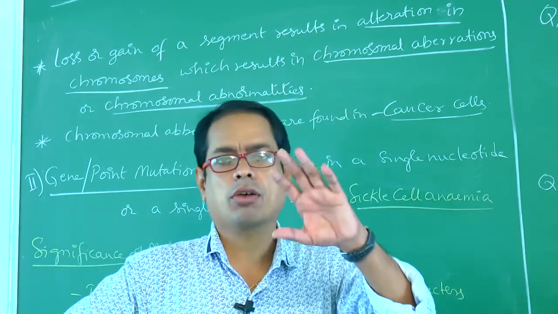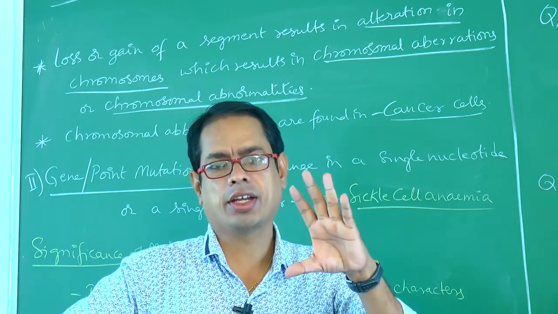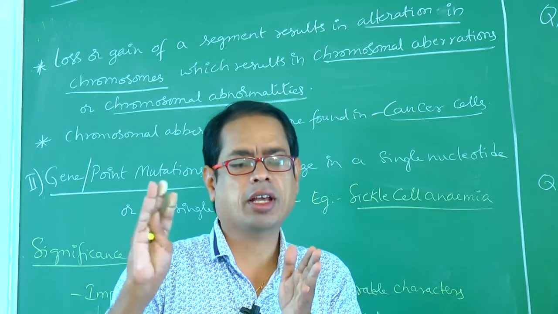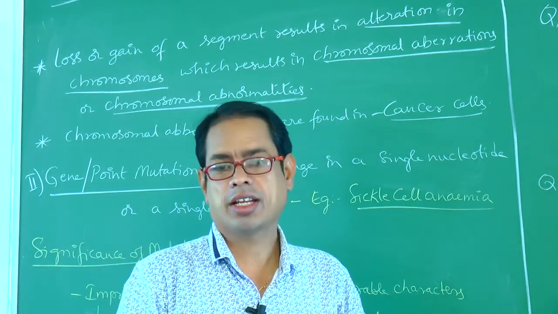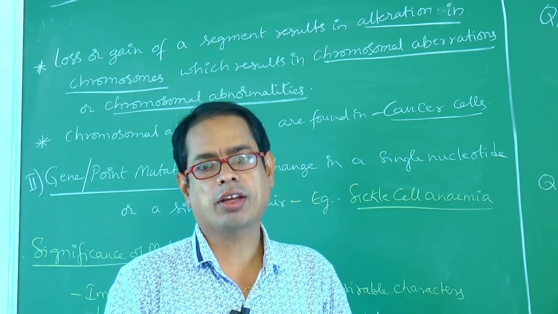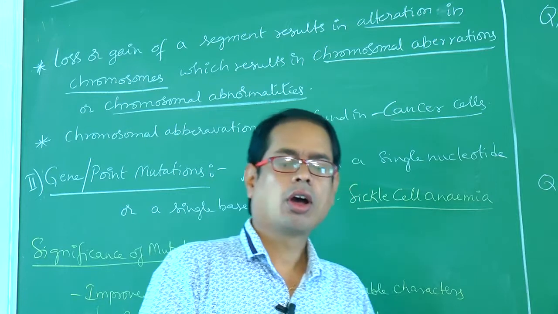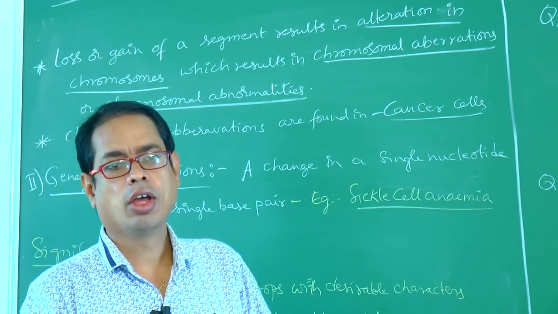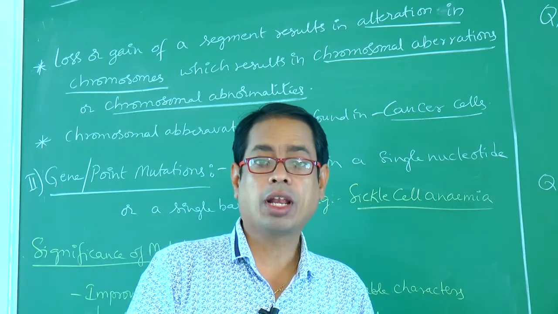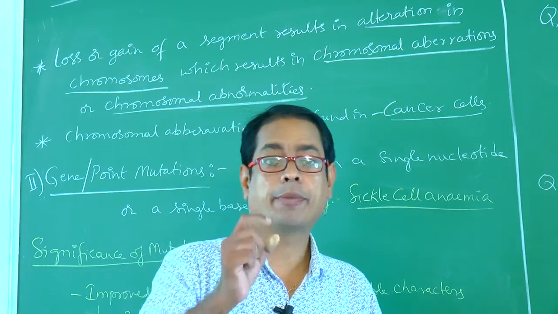That means in the chromosome, DNA is present. In that DNA sequence, loss of a DNA segment or gain of a DNA segment occurs. It results in alteration of chromosomes, which results in chromosomal aberrations, also called chromosomal abnormalities.